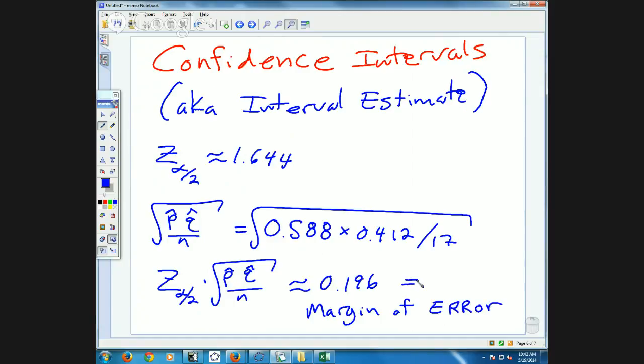We usually call that capital E. Okay, so this is a formula that we've got to have memorized. It's related to combining the idea of a z-score with the mean and standard deviation of a binomial distribution. When we throw all that together and do a little algebra on it, we get this formula for the margin of error.